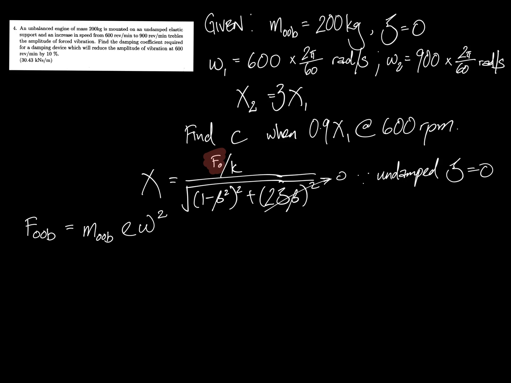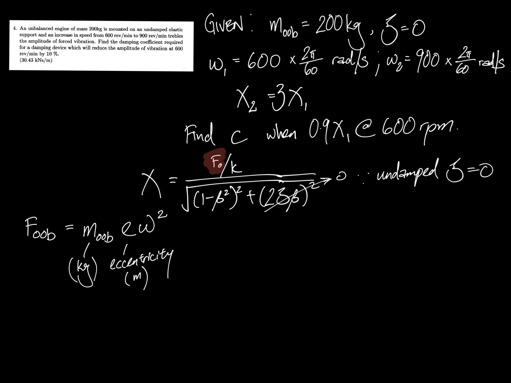So OOB is out of balance. We have the mass here of the out of balance, which is in kilograms. E here is eccentricity, which is denoted in meters, right? And of course omega is in radians per second.